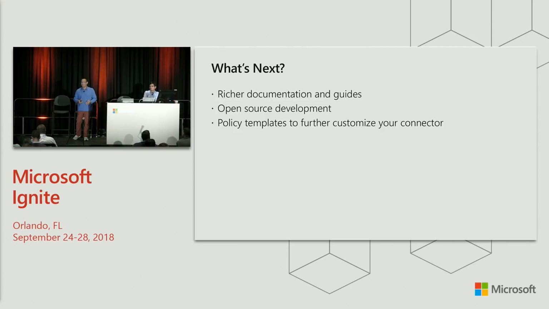This is where policy templates come in, so that you can customize how the API works. Again, this is something partners have asked for, certain customizations, and we are planning to invest there so that we can open it up.